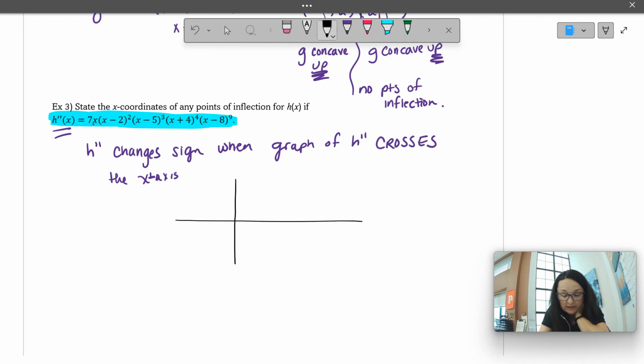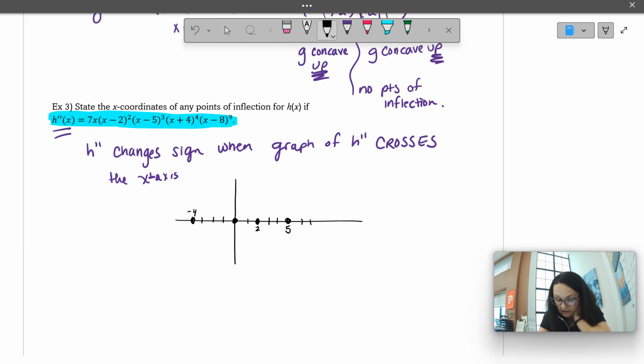So let's see, 7x, that means h double prime has a 0 at 0. X minus 2 squared, that means h double prime has a 0 at 2. X minus 5 cubed, that means h double prime has a 0 at 5. X plus 4, h double prime has a 0 at negative 4.